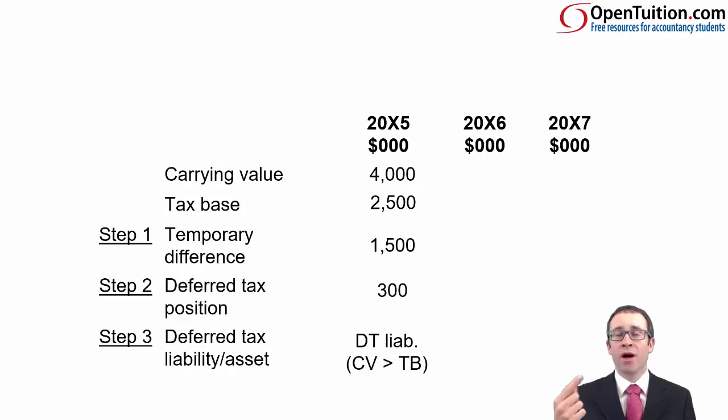And therefore, if there are less allowances in the future, we will pay more tax in the future, won't we? If we pay more tax in the future, then we're going to provide for that now and create that liability, aren't we? Once we've got the liability at 300, that's the figure that would appear on my statement of financial position. But as I said, we're focusing at the moment on the statement of profit or loss, the movement.